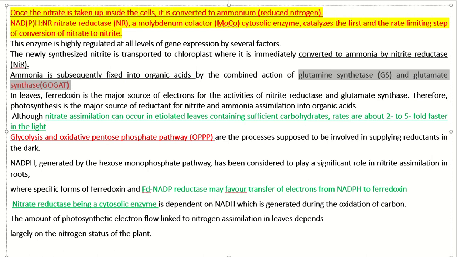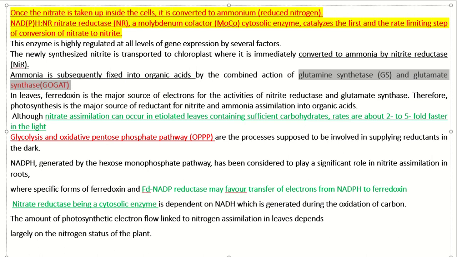Although nitrate assimilation can occur only in etiolated leaves containing sufficient carbohydrate, these rates are about 2 to 5 times faster in the light. So remember the condition in green leaves.